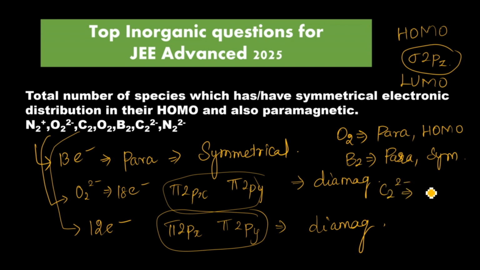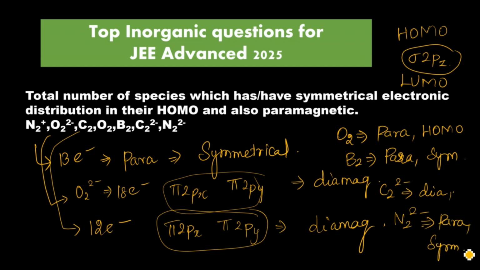That will have 6 plus 6 plus 2, 14 electrons. The HOMO part is sigma 2pz, 2 electrons, which is fully filled. And this is diamagnetic, so not our concern. And finally N2 2 minus, 14 plus 2, 16 electrons, which will be paramagnetic. Yes, that is paramagnetic, and that is symmetrical too.